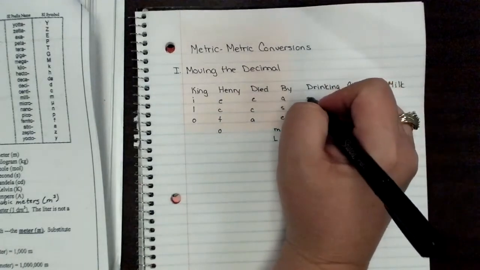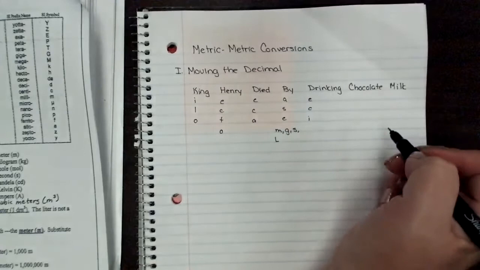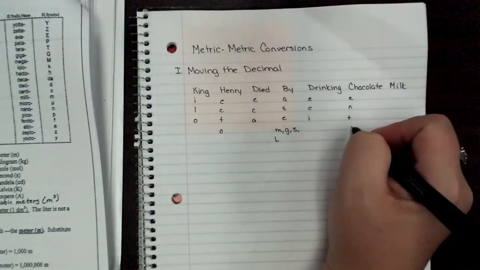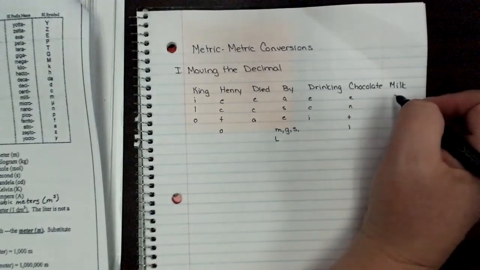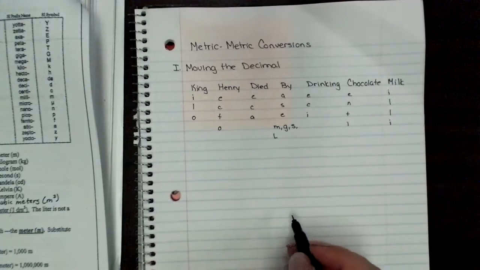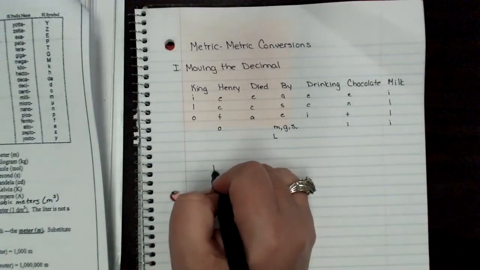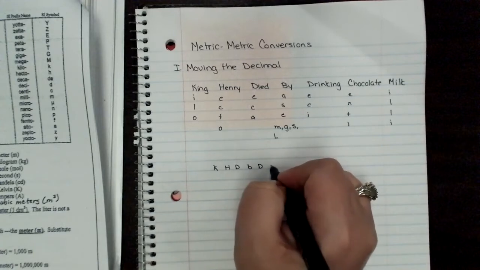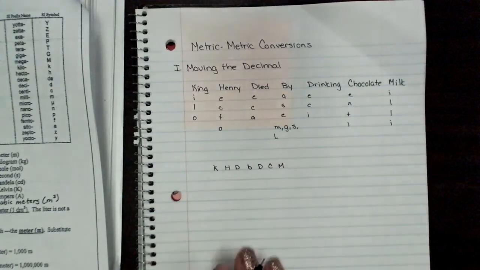This D stands for deci. This C stands for centa. And then this M stands for milli. Okay, so I usually write it as King Henry died by drinking chocolate milk.